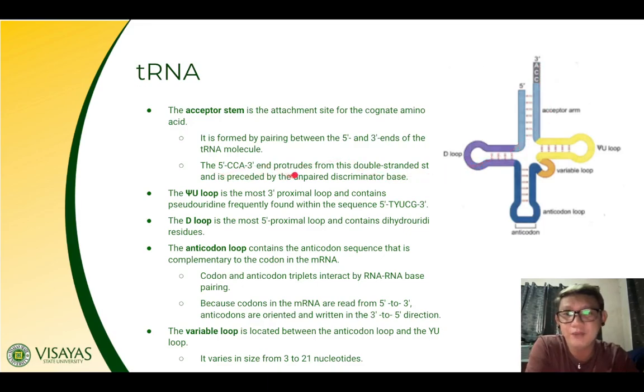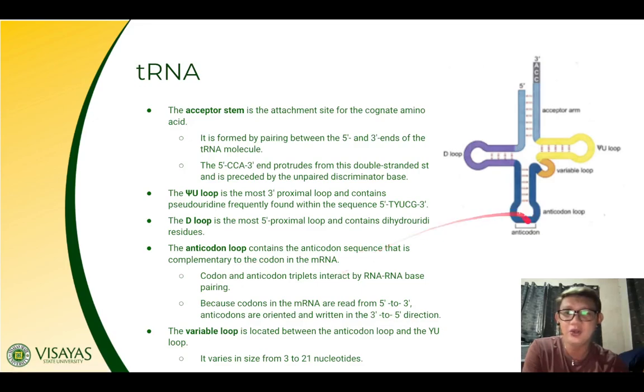The CCA protrudes, so we call this an overhanging end, and it is preceded by an unpaired discriminator base. The U loop is the most 3' proximal loop and contains pseudouridine residues, frequently found in the sequence TUGCG. The D loop, the most 5' proximal loop, contains dihydrouridine residues.